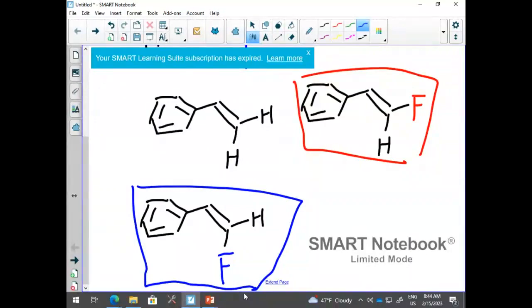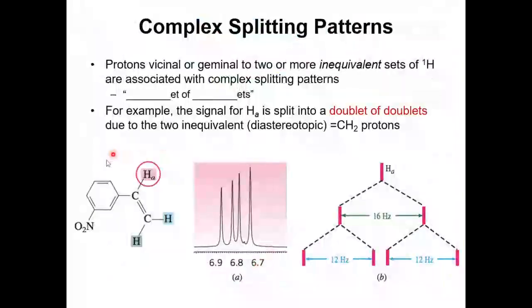That's important. Now if you look at this proton signal, HA, it's actually split into 4 lines. Both of those two protons are vicinal to HA. If these two protons were chemically equivalent, you would expect HA to split into 3 lines, 2 plus 1.